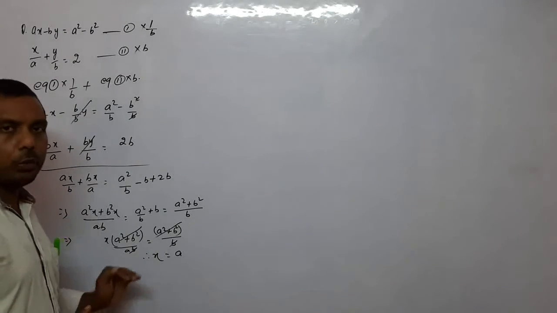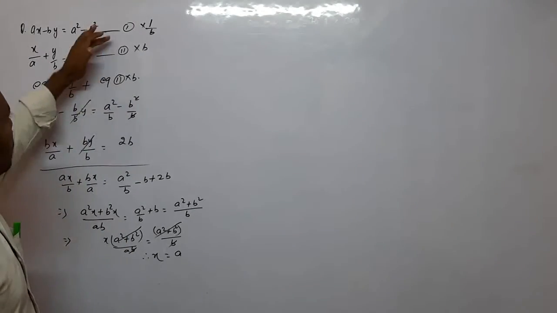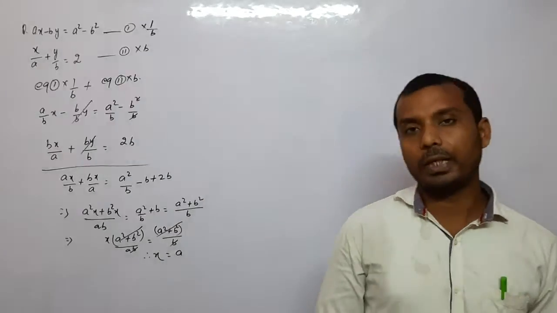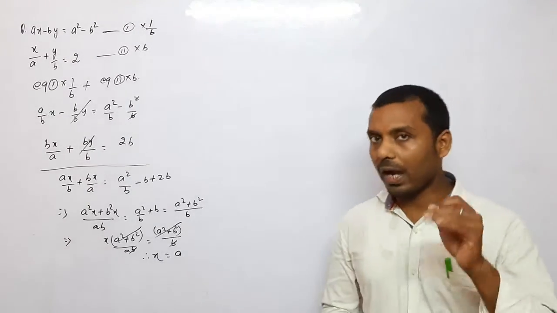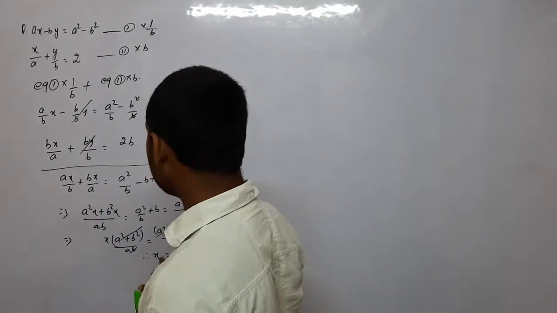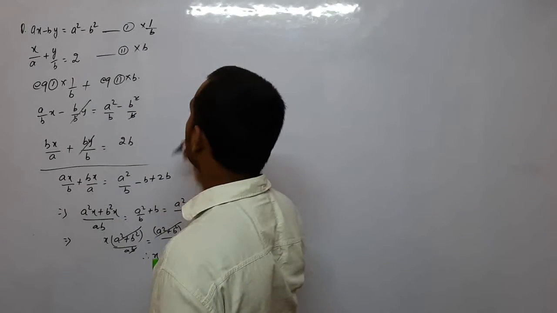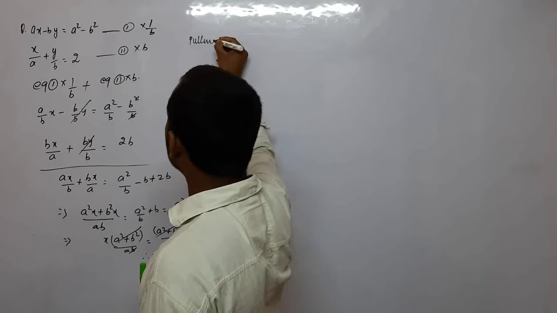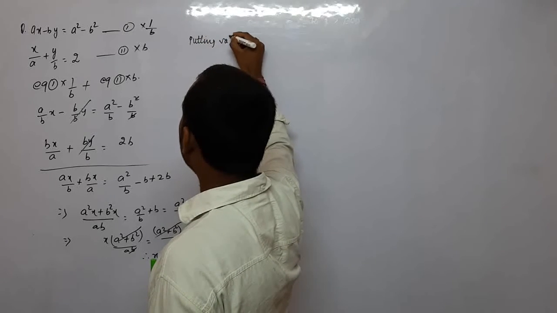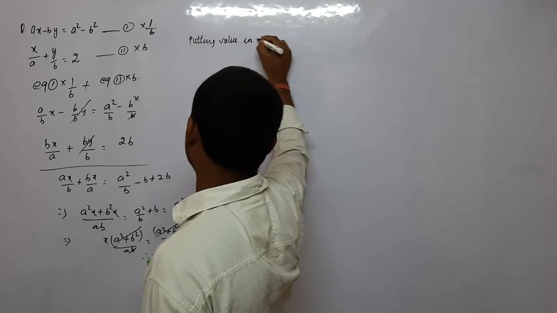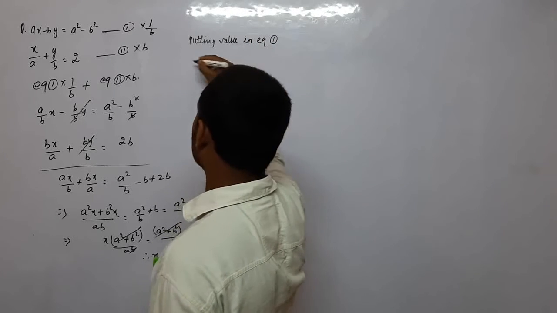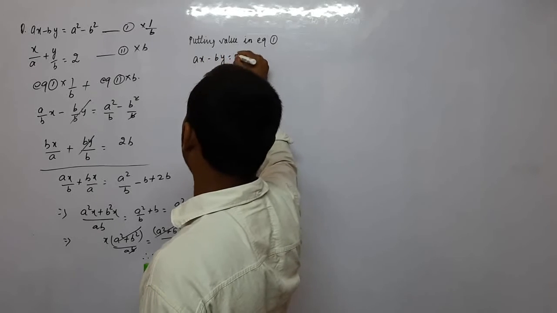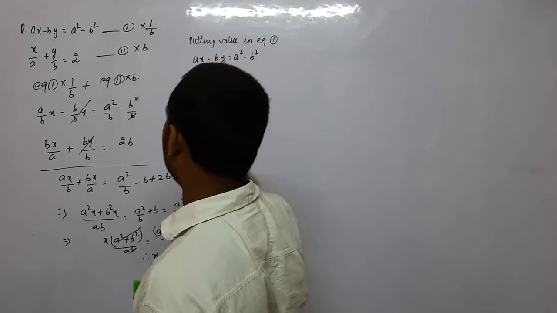We will substitute this value in either equation number 1 or equation number 2 to obtain the value of y. Suppose I substitute this value in equation 1. Equation 1 is ax minus by equal to a square minus b square.